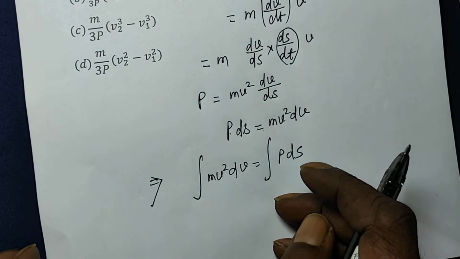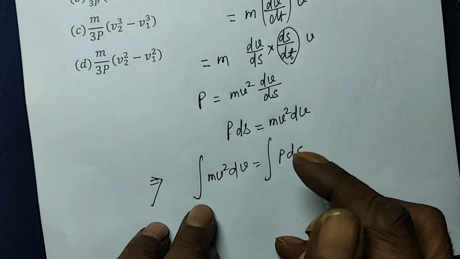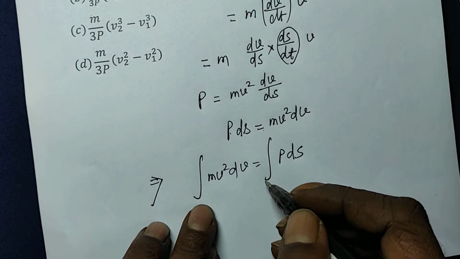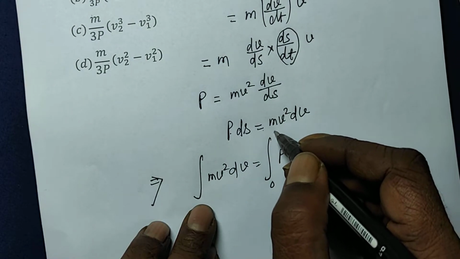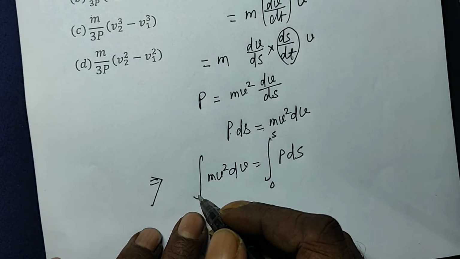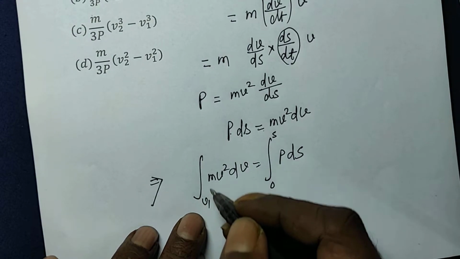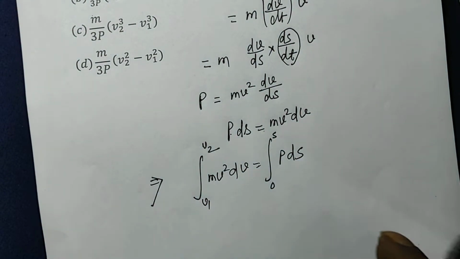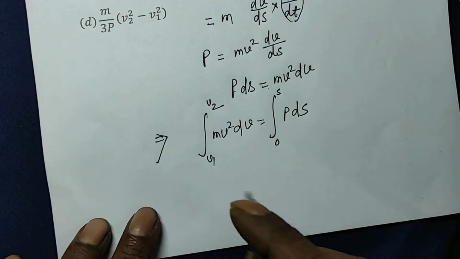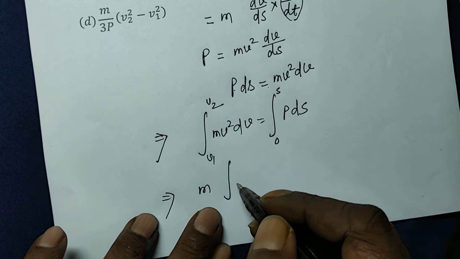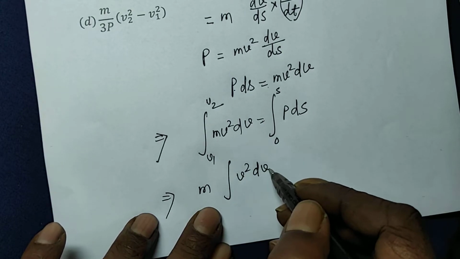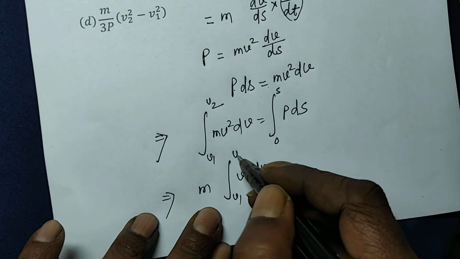Now I keep the limit from 0 to s here, and the limit from v1 to v2 on the other side. So m is a constant taken out, and we are left with the integration of v square dv from v1 to v2.